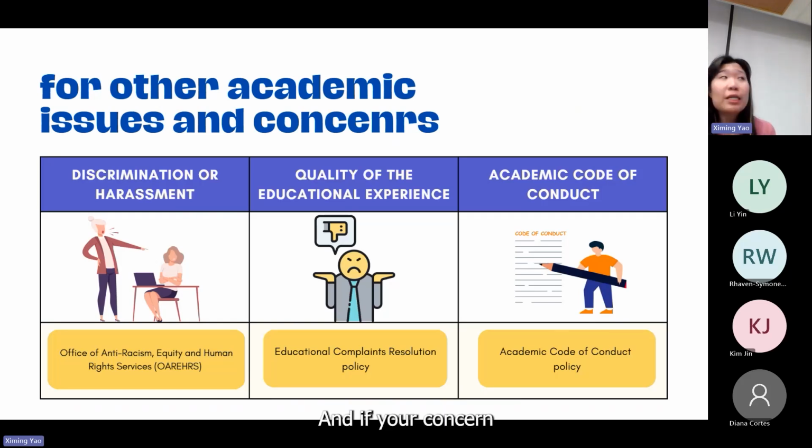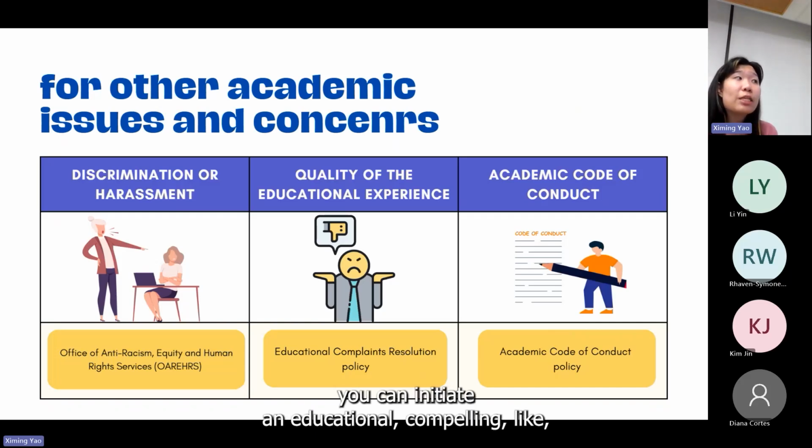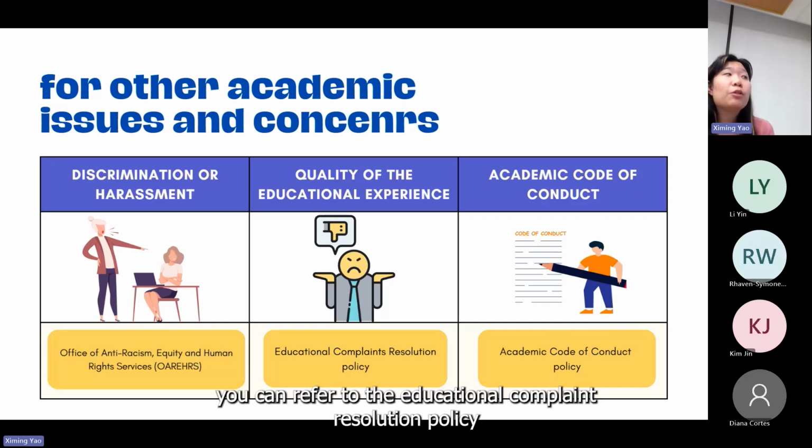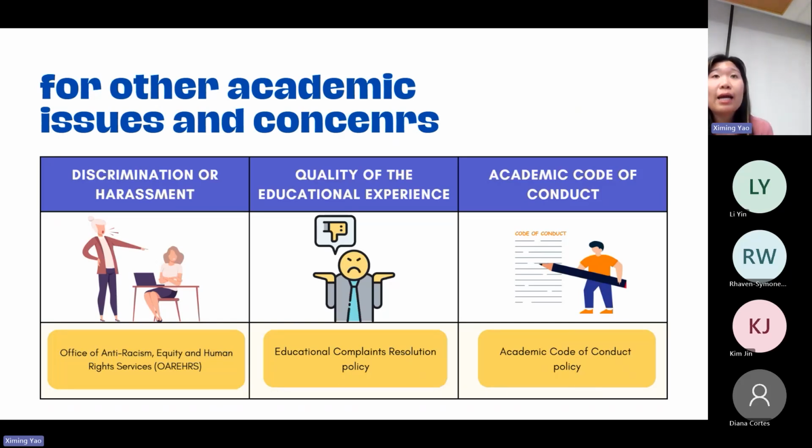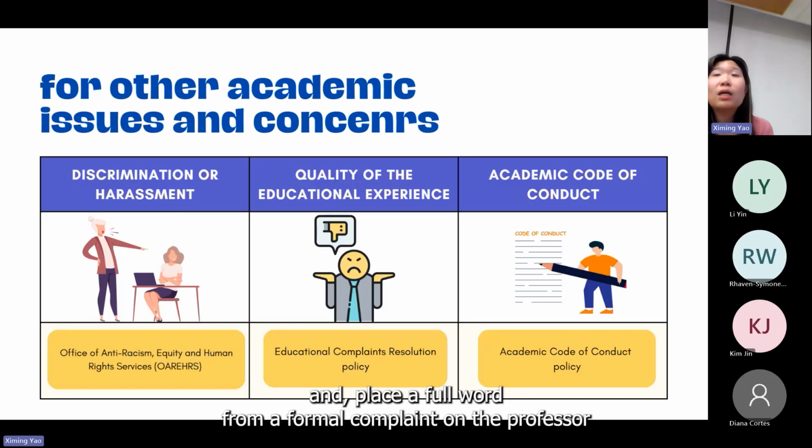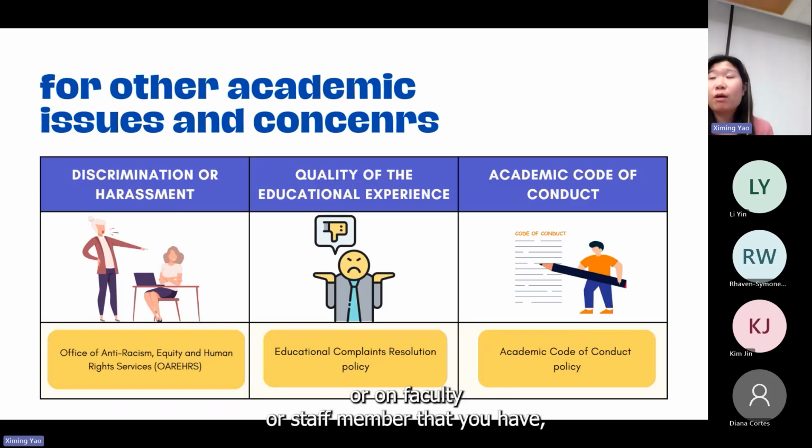If your concern is about the quality of the educational experience, you can initiate an educational complaint. You can refer to the educational complaint resolution policy and place a formal complaint on the professor or faculty or staff member that you have complaints against.